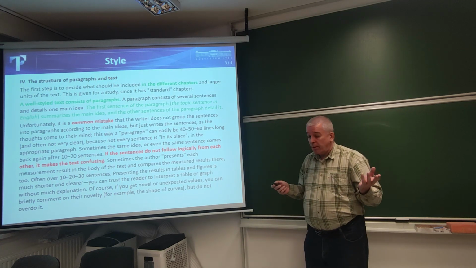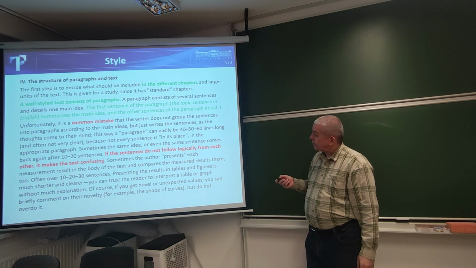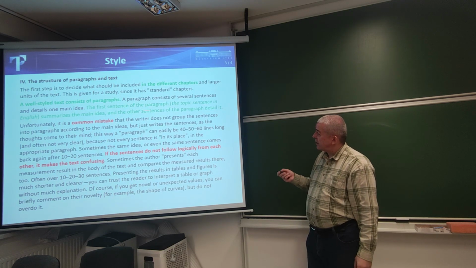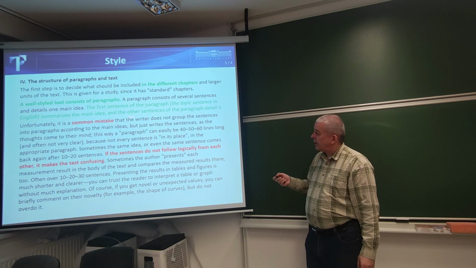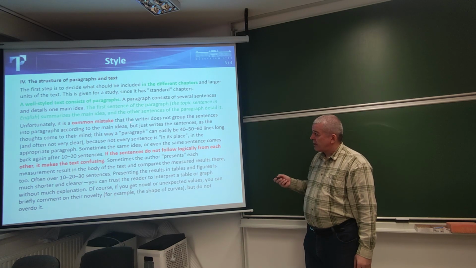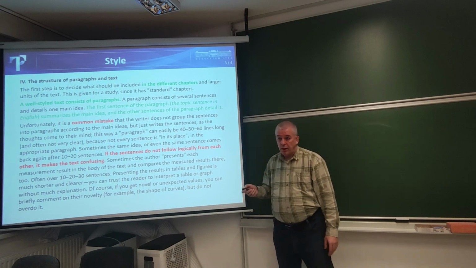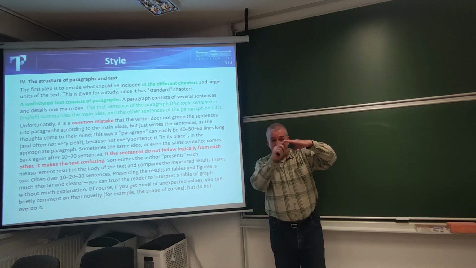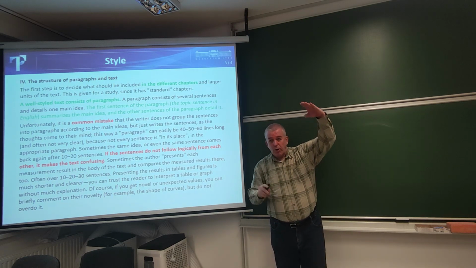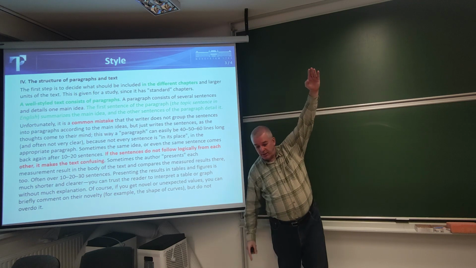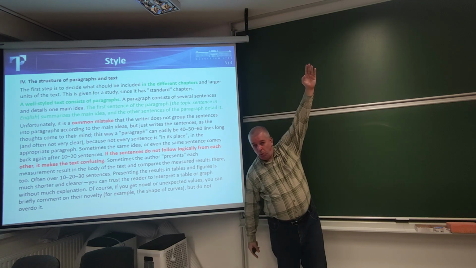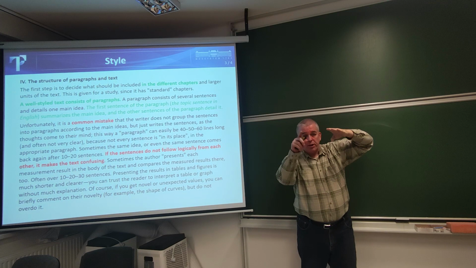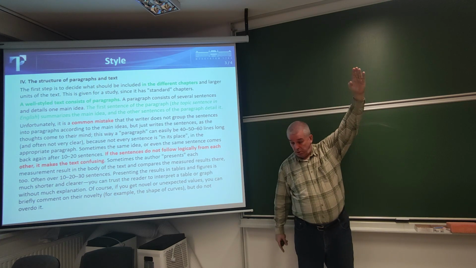Now, why is it a problem in scientific texts? Yeah, the first sentence summarizes the main idea. Unfortunately, it is a common mistake that the writer does not group the sentences into paragraphs. The writer starts writing and writes 176 sentences, okay, and the whole chapter is one continuous flow of sentences, okay?